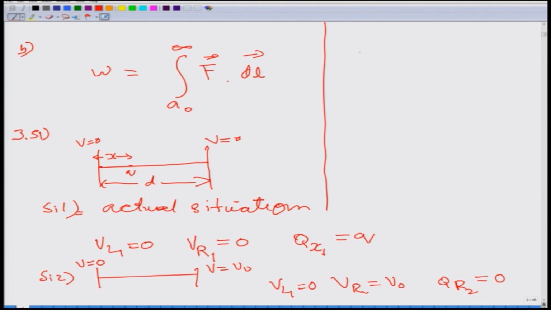Then what you do is apply the reciprocity theorem. So the integral of V1 rho 2 d tau is equal to the integral of V2 rho 1 d tau.